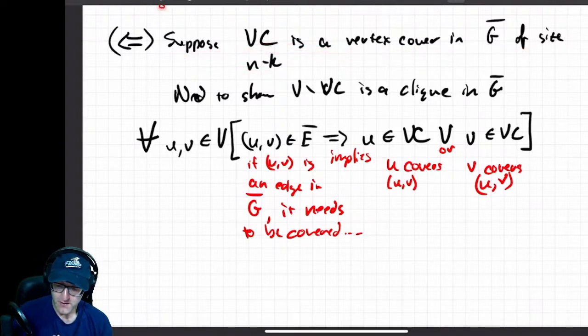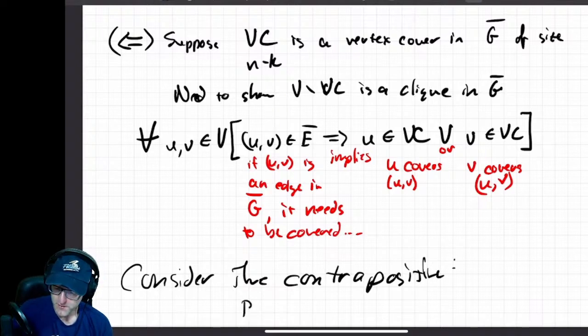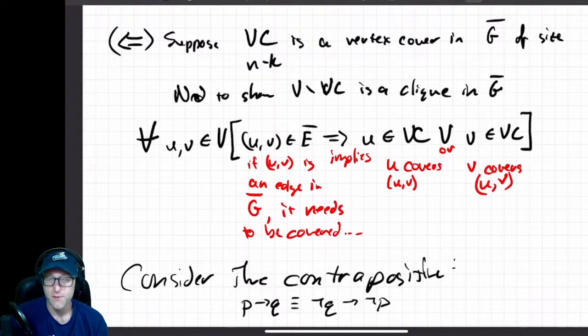Okay. Now let's consider the contrapositive. Remember the contrapositive? P implies Q is equivalent to the negation of the conclusion implying the negation of the premise.